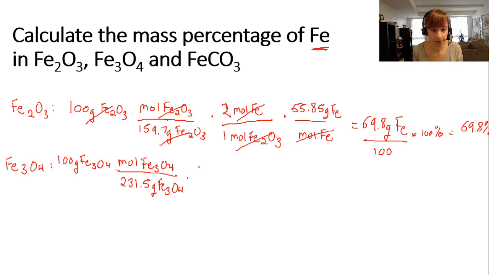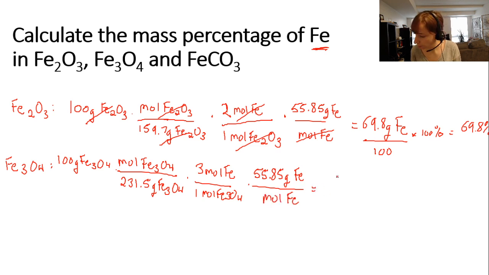Now we need to convert that into moles of iron. So here we have 3 moles of iron over 1 mole of Fe3O4. Multiply that by the molecular weight of iron, which we know is 55.85 grams per mole of Fe.